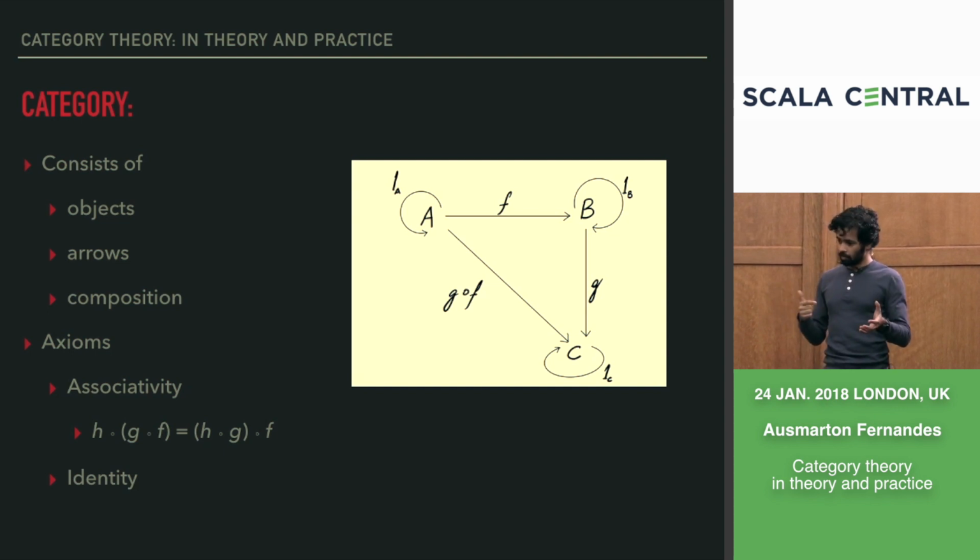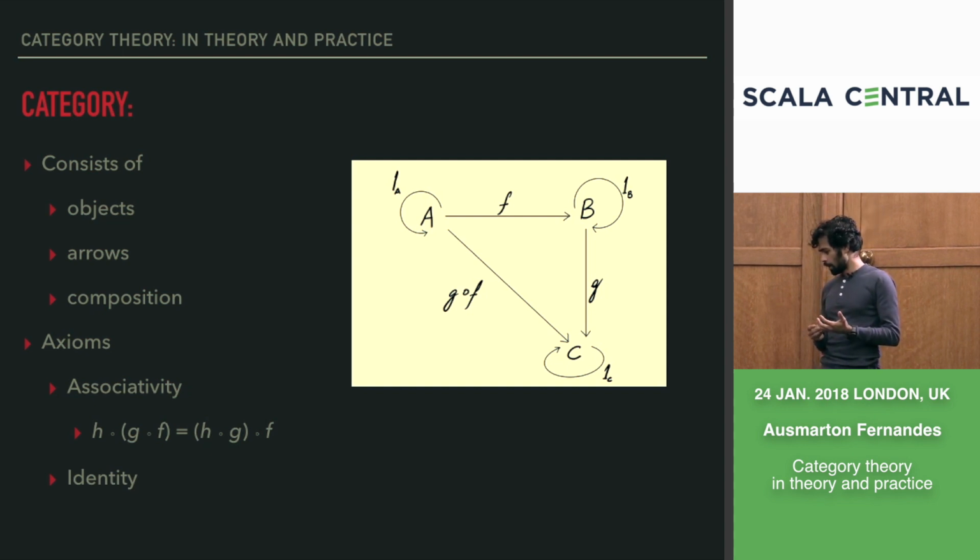And we need to have some arrows between them, which I think we generally tend to call functions as programmers. And there has to be some composition defined between them. Here we can see that there is an arrow between A and B, and an arrow between B and C, but then we can also compose those two together, and we can have a direct arrow from A to C.